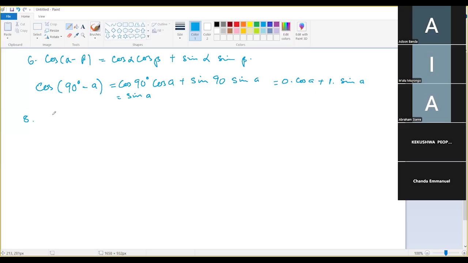So this identity is the following: the cosine of 90 degrees minus A will be equal to sine A. So that is what we get. Now, next, let's substitute.